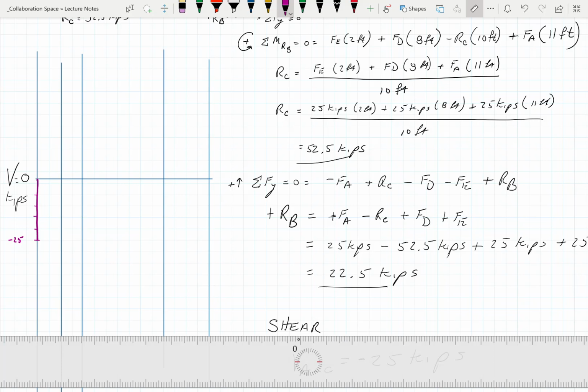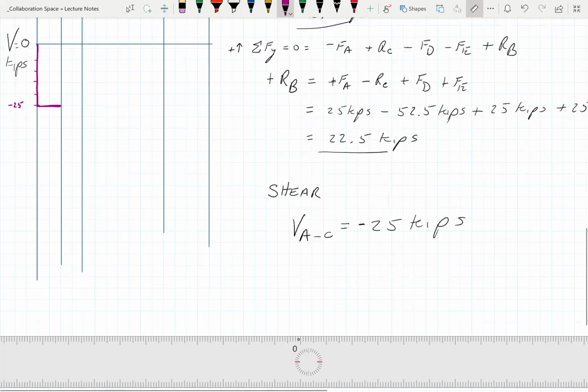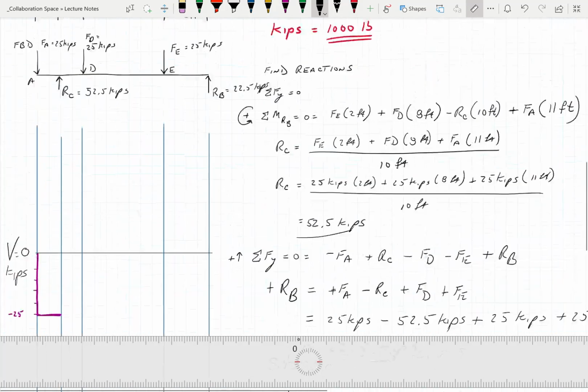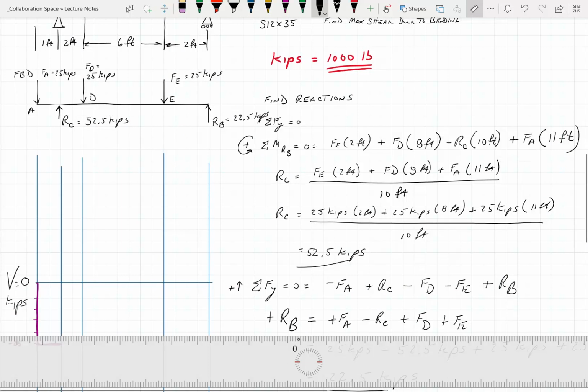Yes? And then Patrick, where's it going from there? Let's go over and we'll go up. Straight to there, right? Okay. The next equation we have to write is V from C to D, right? Yep. Okay. And at C, we have a reaction of 52.5.